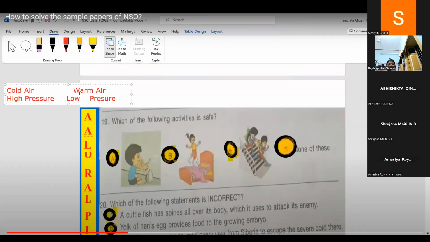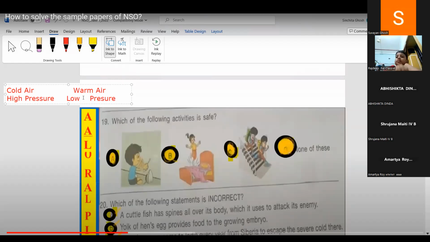Will the air move from warm air to cold air, or will the air blow from cold air to warm air? That is, will the wind move from the low pressure to the high pressure, or from the high pressure to the low pressure? Srujana, you tell me better.